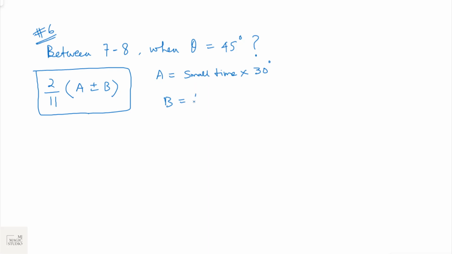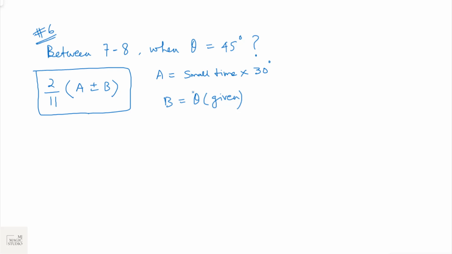B is the theta which is given. B is the asked angle. As simple as that.